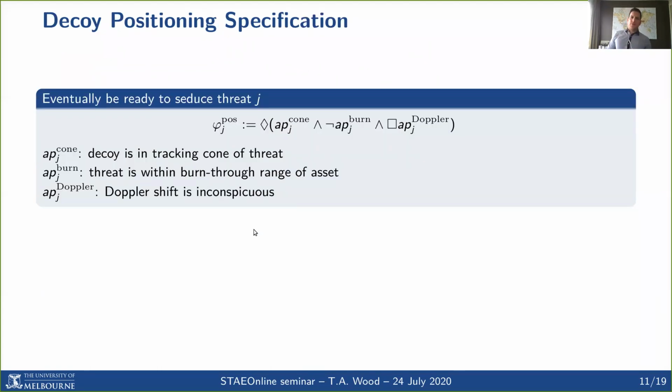And so for the task of positioning a decoy, the way we model the mission is as follows. We say we eventually want to be ready to seduce a threat J. So that is a combination of 3 atomic propositions.